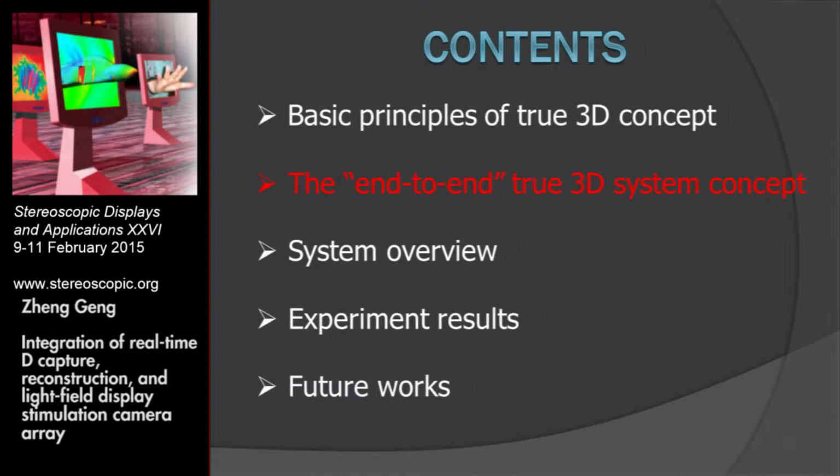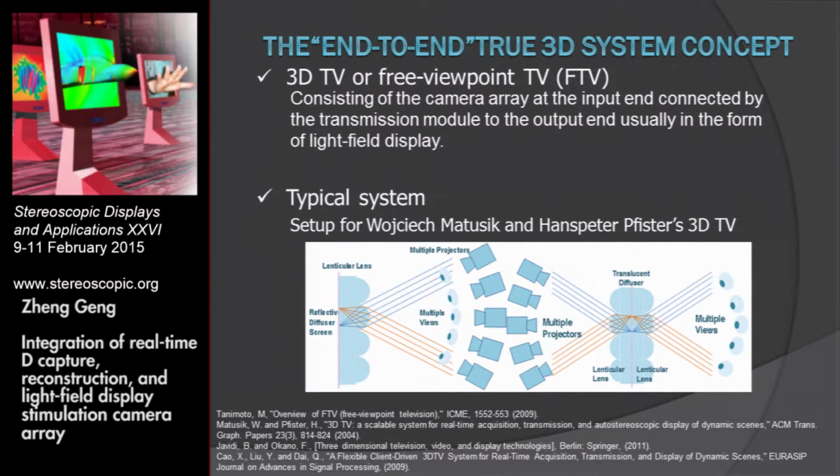And here is the end-to-end true 3D system concept. The end-to-end is pretty self-explanatory. We have an input end that captures the data, and an output end that displays it, and some transmission module or reconstruction module that connects these two ends.